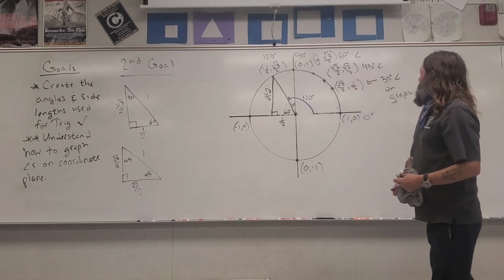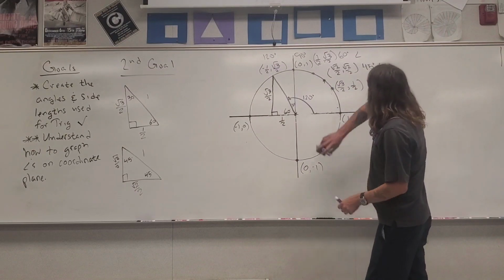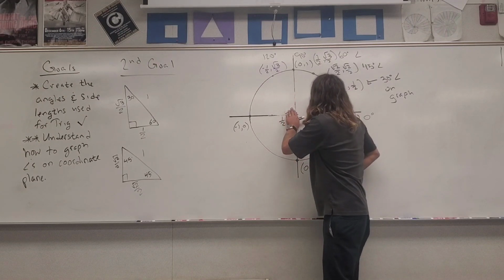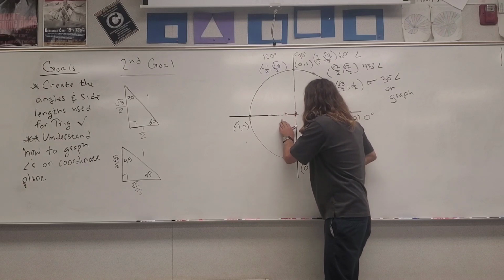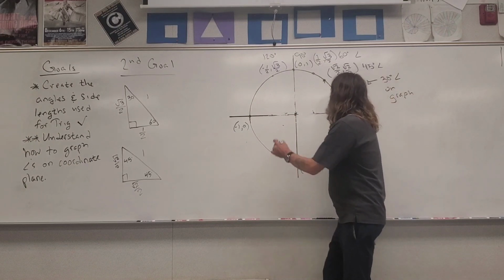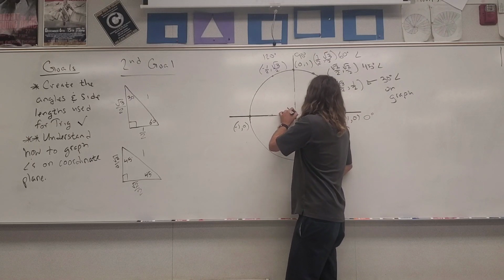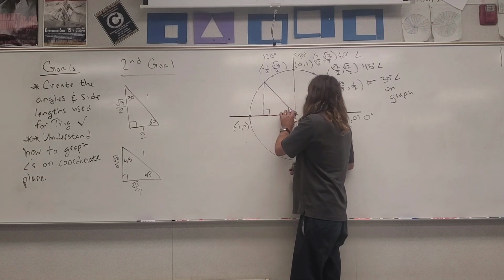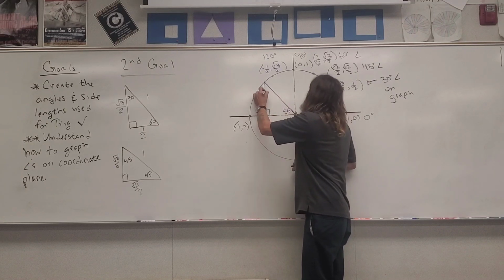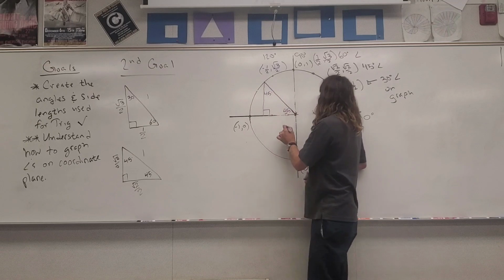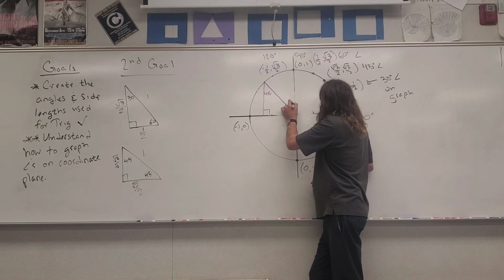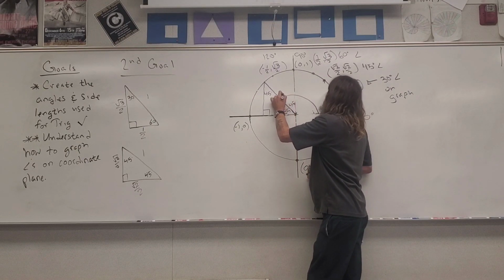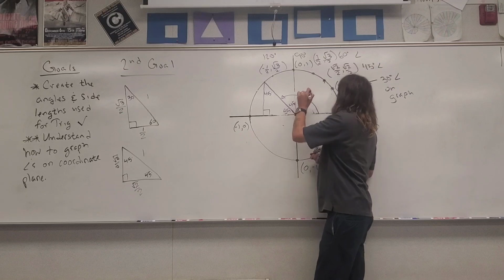Okay. Let me do the next triangle here. Let's make this guy. So I'm going to do my 45, 45, 90. But I know that this angle right here must also be 45 because these two angles together add to 90. And so I just created a 135-degree angle, right?